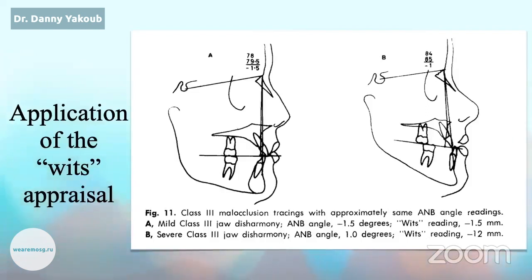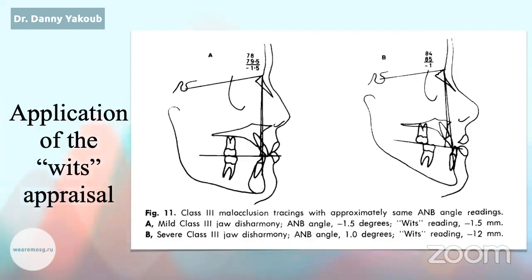So this patient has an A and B of minus 1.5, mild class 3 jaw disharmony. Wits appraisal is minus 1.5. Minus 1.5 millimeters means that the BO point is located anterior to the AO point by 1.5 millimeters.